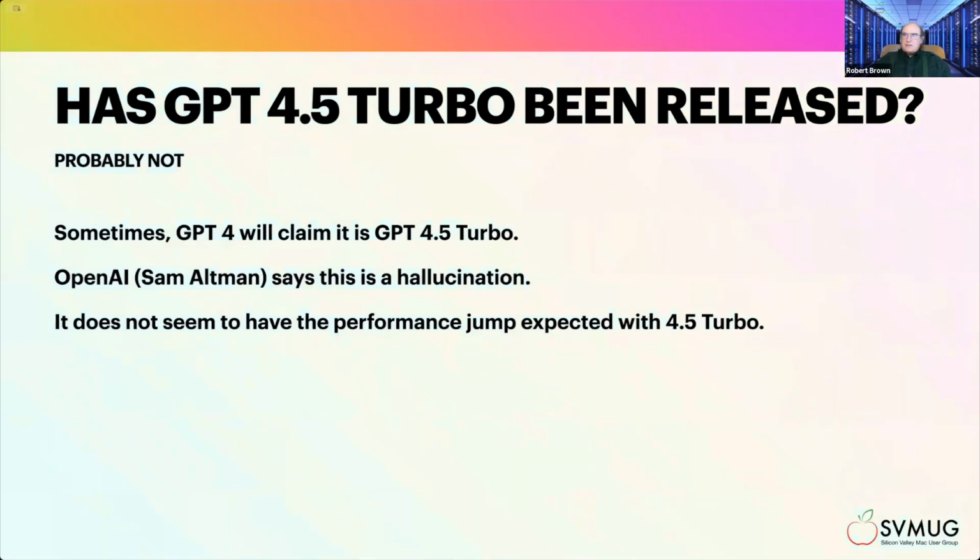However, Sam Altman has said nope. He's been quite upfront that it was not true. And it's simply being referred to as a weirdly consistent hallucination. GPT-4, being asked about itself for some reason, is coming up with the 4.5 Turbo response.